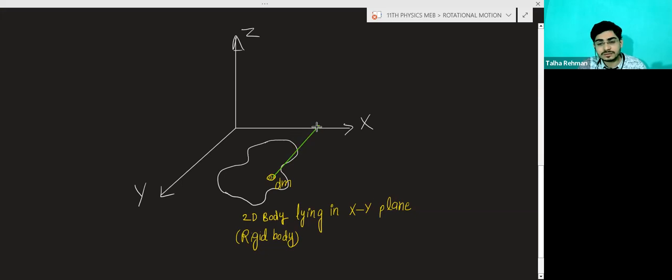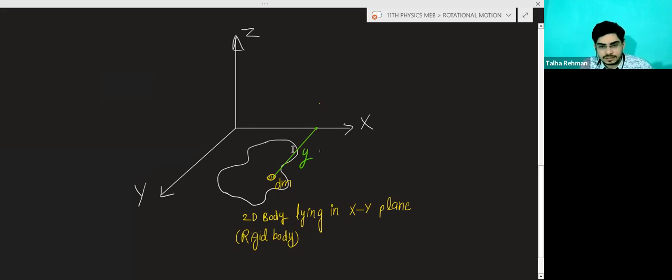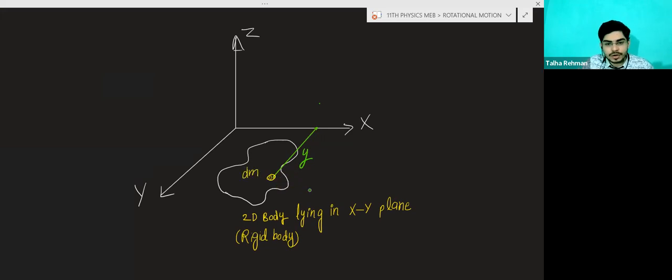The perpendicular distance between this mass and the x-axis will be like this. Try to imagine. What is this distance? This distance will be y, if the coordinate of this mass dm is x and y. If this mass is lying on the xy plane, the coordinate of this small mass is x comma y.